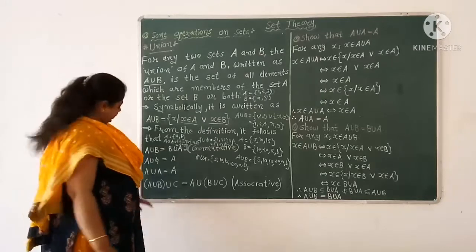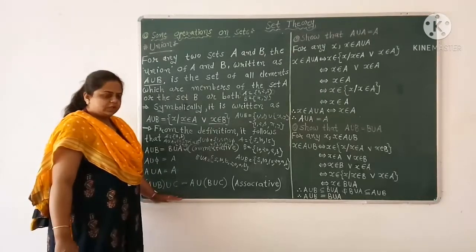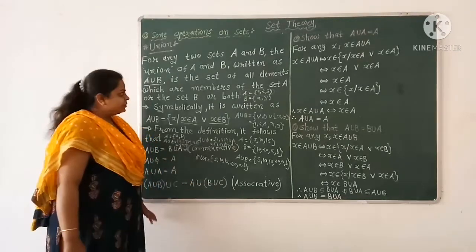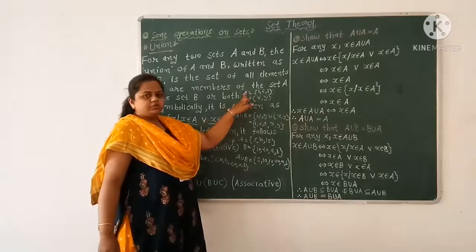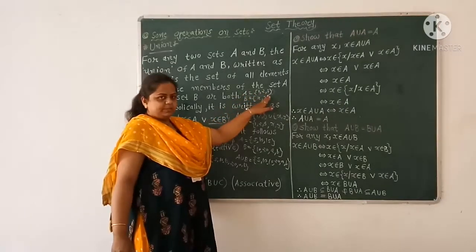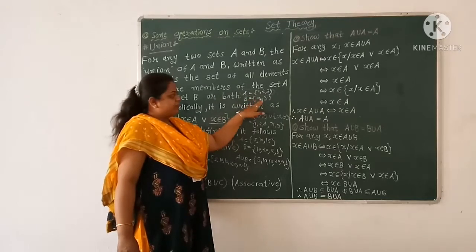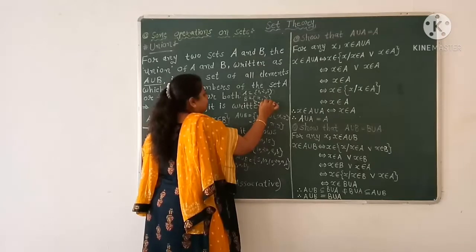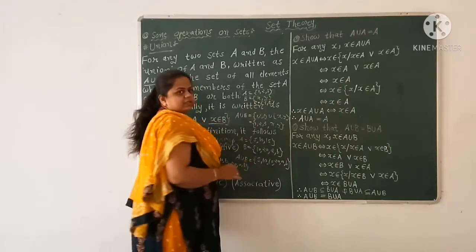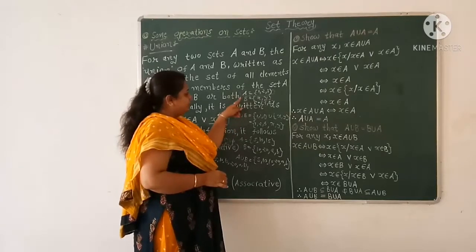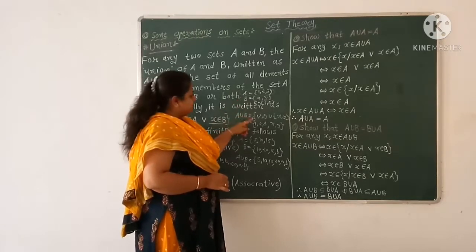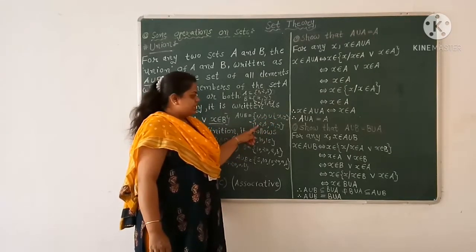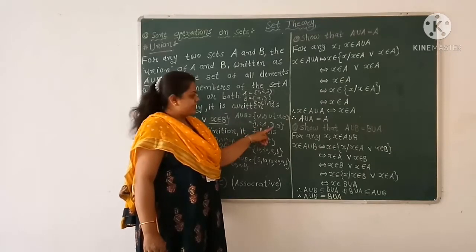And the next one: (A union B) union C is equal to A union (B union C). This is the associative property. Suppose we have A equal to {1, 2, 3}, B equal to {x, 1} and C equal to {5, 6}. Then A union B is equal to {1, 2, 3} union {x, 1}, which equals {1, 2, 3, x, 1}.